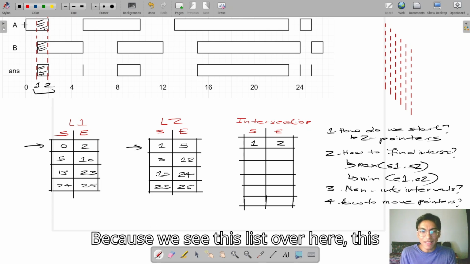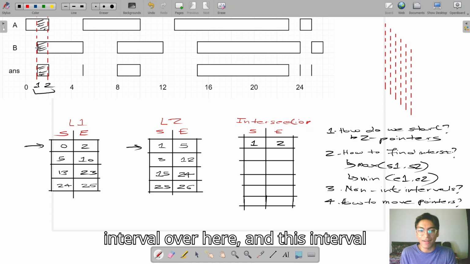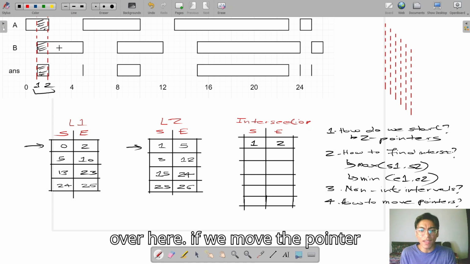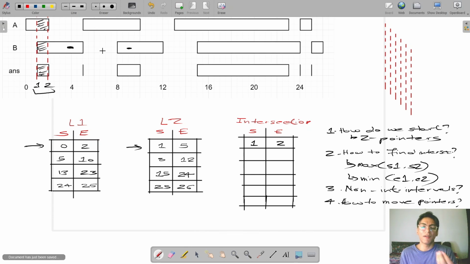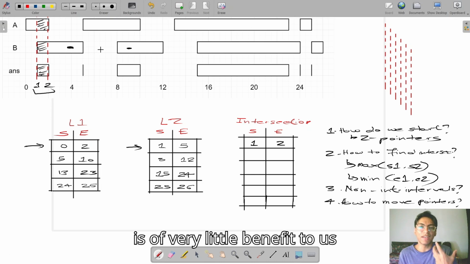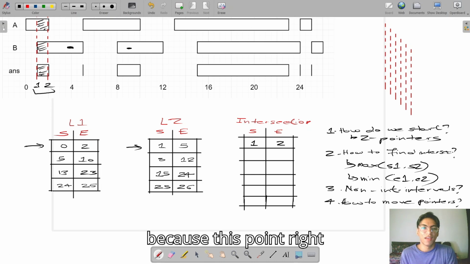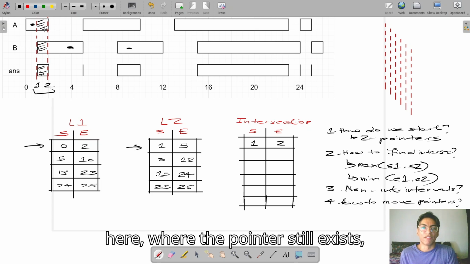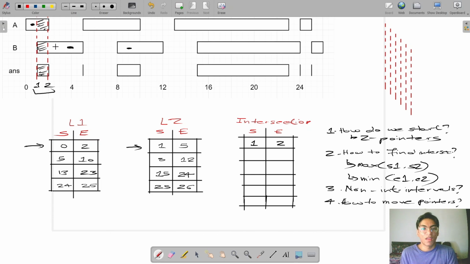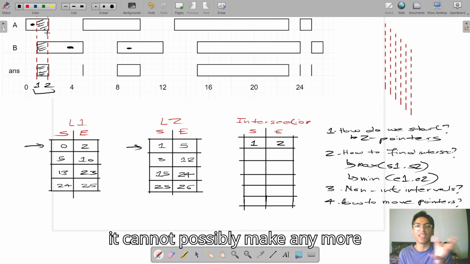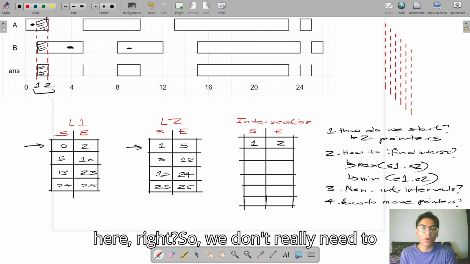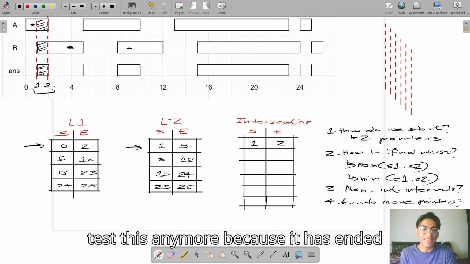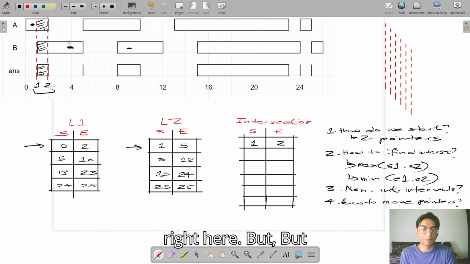Because we see this list over here, this interval over here, and this interval over here. If we move the pointer from this point to this point, it is of very little benefit to us, because this point right here, where the pointer still exists, cannot possibly make any more intersections with any of the values over here, right? We don't really need to test this anymore because it has ended right here.